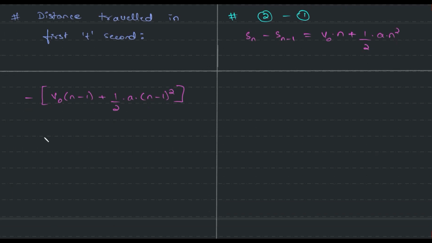This is just a matter of rearranging, and we have v naught n plus a n square by 2 minus v naught n plus v naught. Okay, I'm doing a bit of math over here. Minus a n. Oh, we need to expand that as well. So we have minus a by 2 times n square minus 2n plus 1.